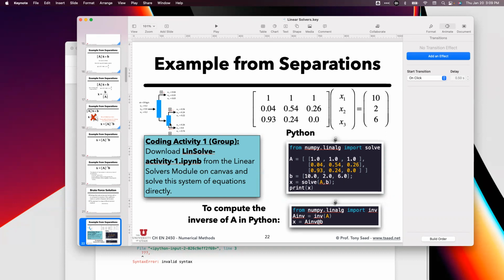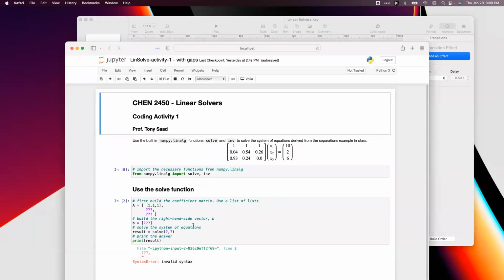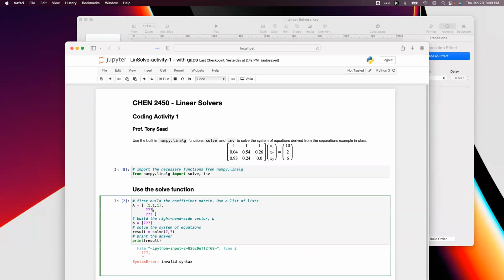Most of you got it. Anyone struggling? Fairly easy. Okay, so let's see. You got 1, 1, 1 over here. You got 0.04, and then 0.54, and then 0.26, and then 0.93, 0.24, and 0.0, right?